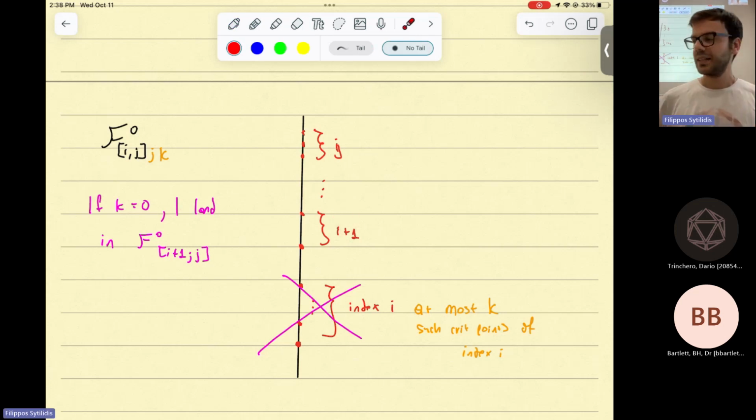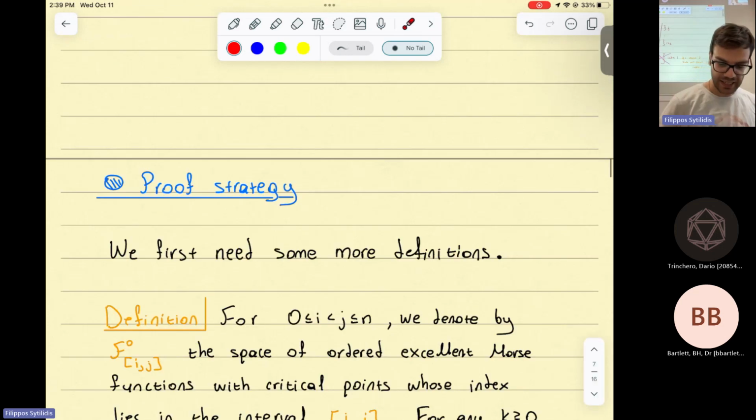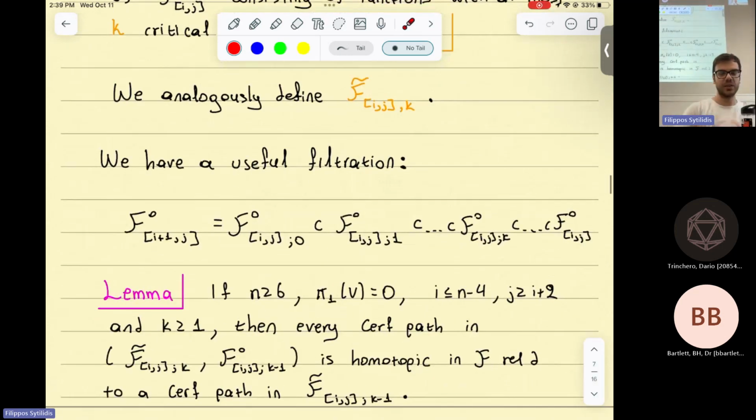Are we more happy with the notation? Basically, the whole point is we're going to use this filtration. We're going to use inductive arguments with this filtration to attack the critical points from below, and then we're going to dualize and attack from above.